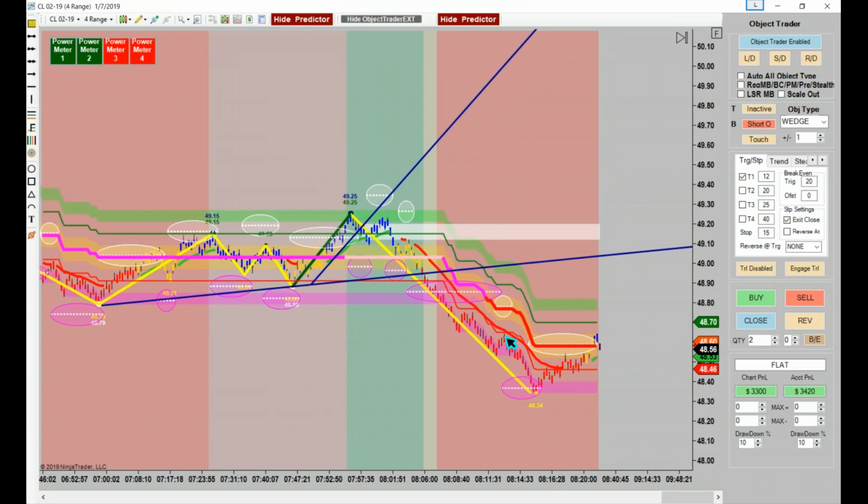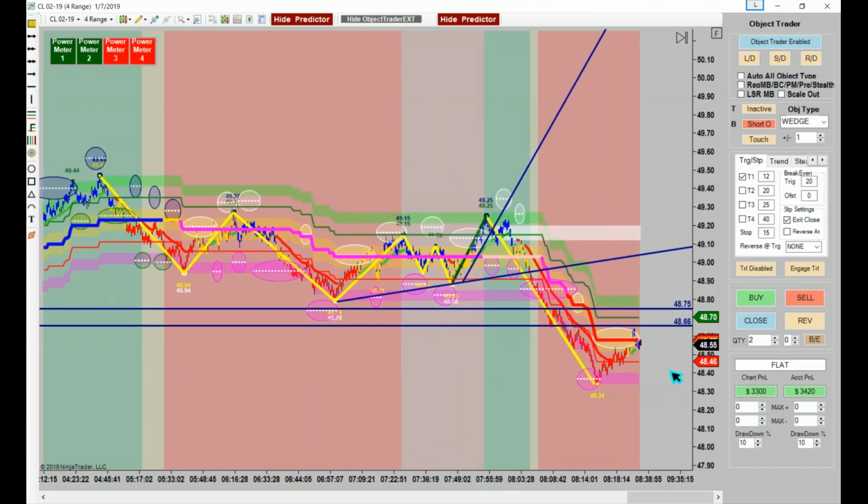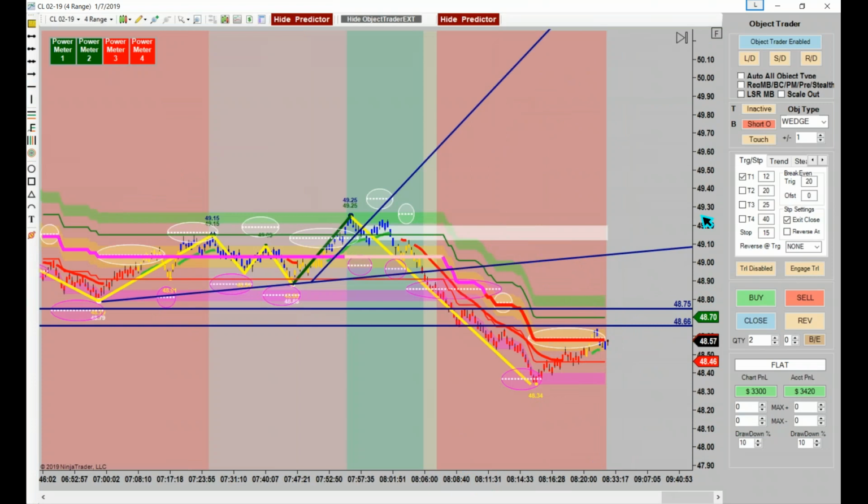All right, so let's see. We took out primary. This is a secondary now because it's a little bit more of a swing. All right. So if it hits its head here, I'd probably go for 12 ticks, or if it breaks my swing over here.